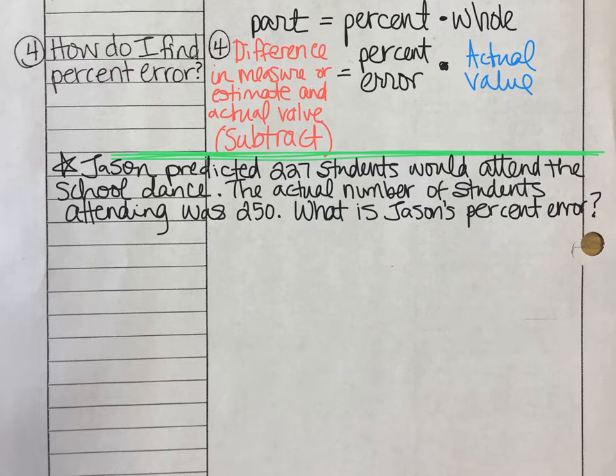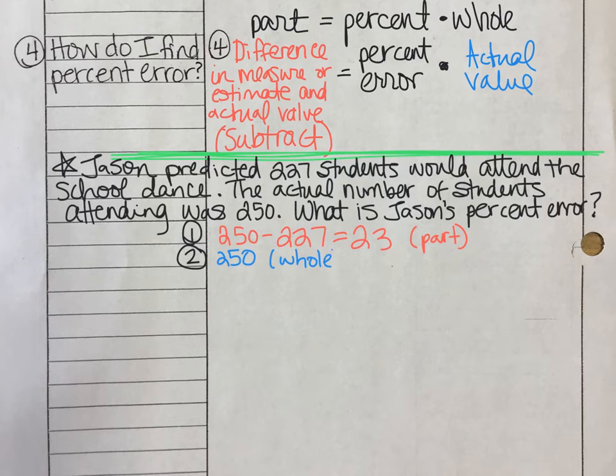To start, we need to identify the difference which represents the part. In this case, we're finding the difference between the actual number of students and the predicted number of students, or 250 take away 227, and that difference is 23. That represents our part. Step 2, we need to identify the actual number, and the actual number of students attending the dance was 250.